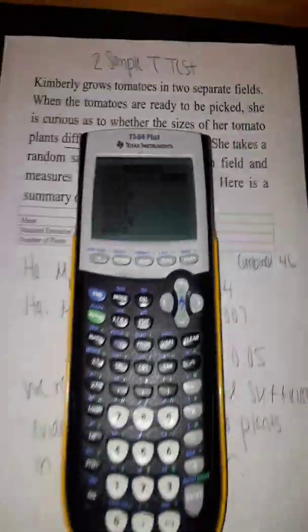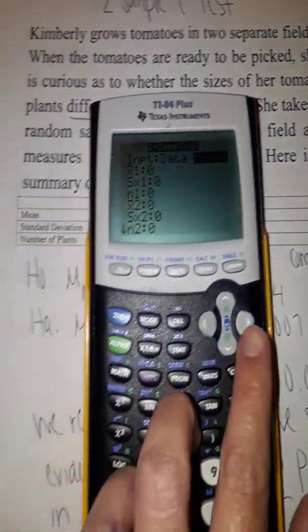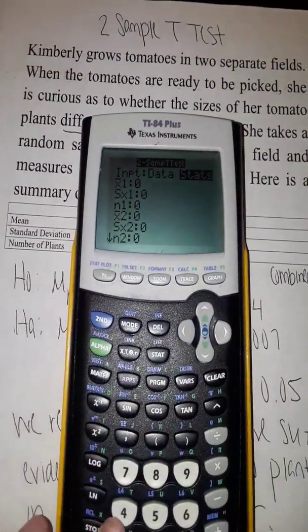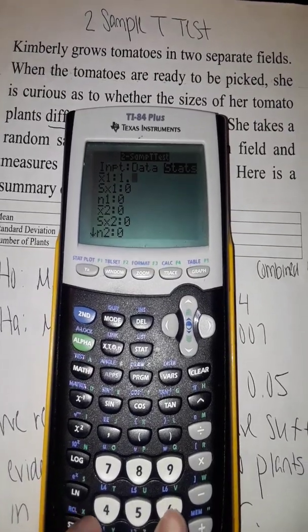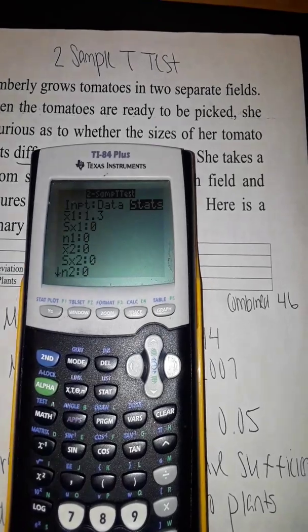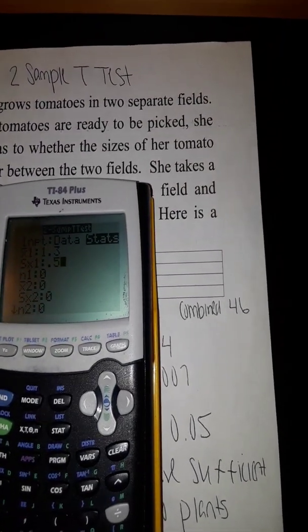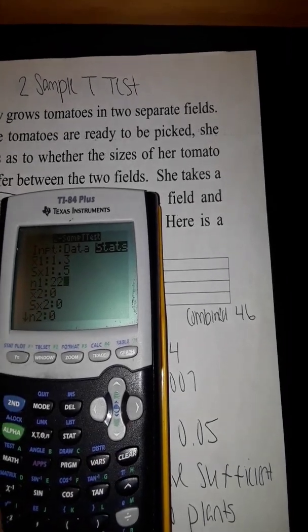We're going to do field A first. Their tomatoes are 1.3. And then they deviate by, I can't remember, in the last 2 seconds I forgot. Okay, and that one had 22, yes.